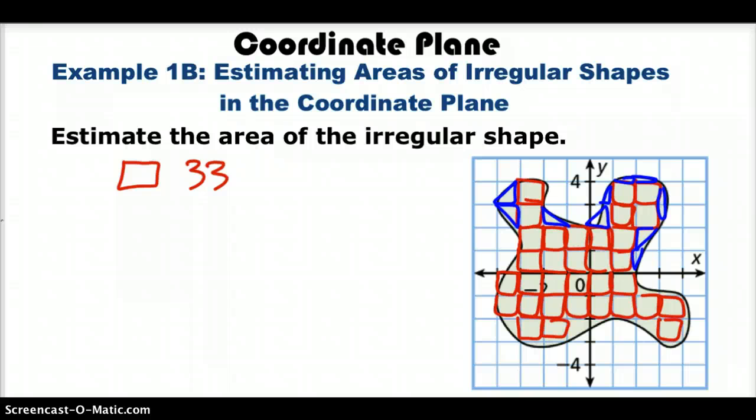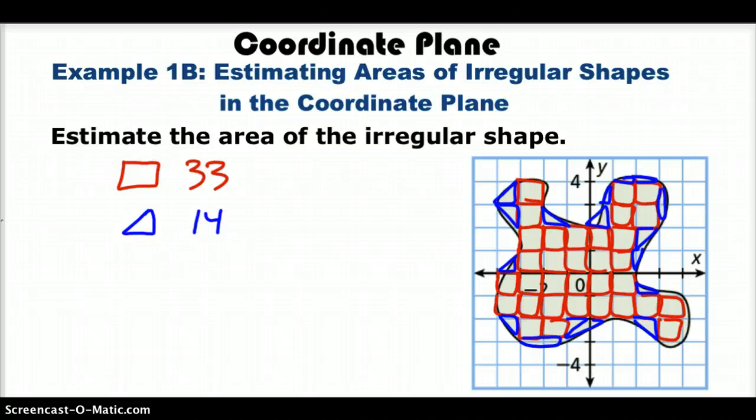Count these 2 as 8, 9, 10, 11, 12, 13, maybe 14 with that part. Again, it's about right. It's an estimate, remember, so it doesn't have to be exact. So I'll say that's about 14 of those.